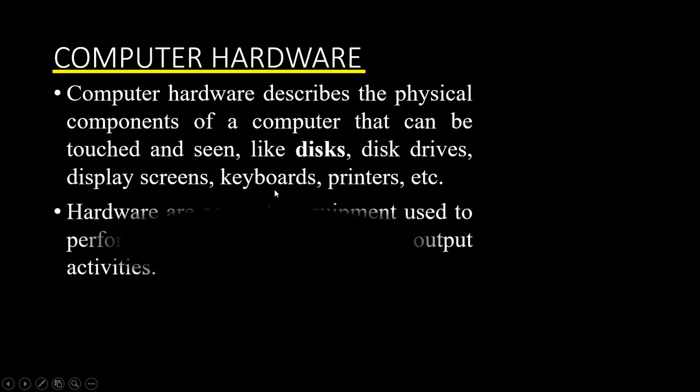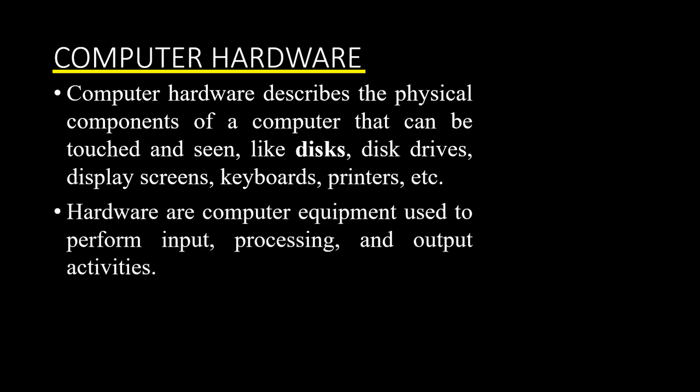So hardware is computer equipment used to perform input, processing, and output activities. That means all these hardware are grouped according to the nature of activities they are used to perform.